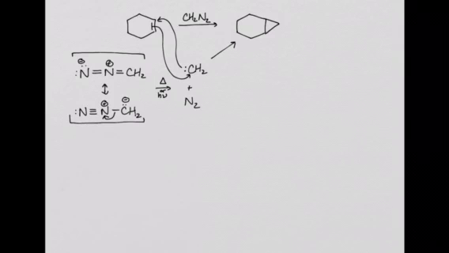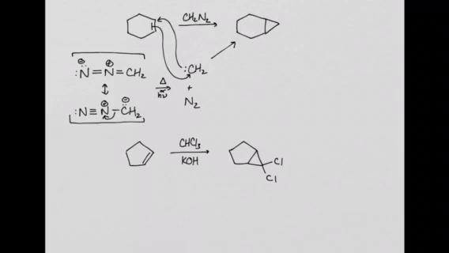ring. Now let's look at the example of an alkene reacting with a carbene formed by alpha elimination. If we treat this alkene with chloroform and potassium hydroxide, we get the following product. Now let's look at the mechanism. In the first step, chloroform reacts with hydroxide ion.